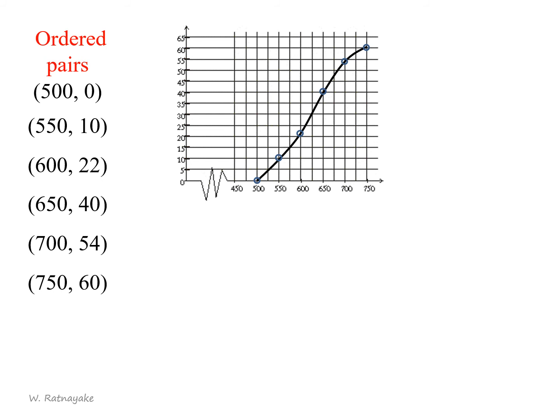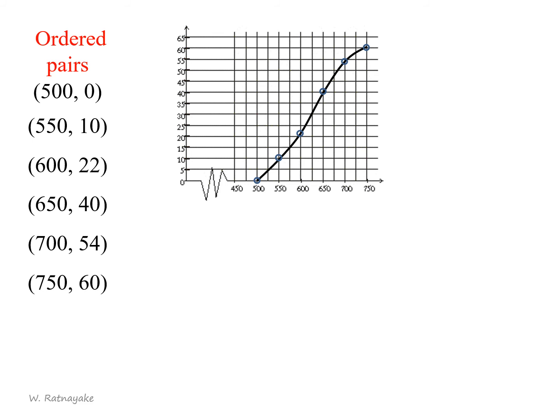Now using this cumulative frequency curve, we have to find the median. Here there are 60 workers, so if they are arranged in order, the 30th value should be the median.